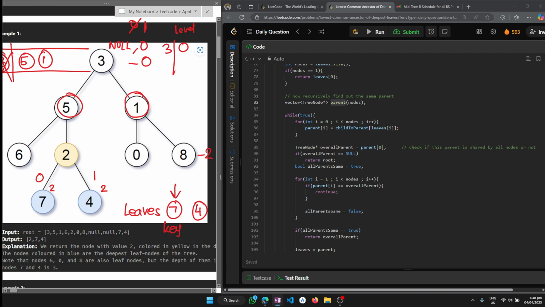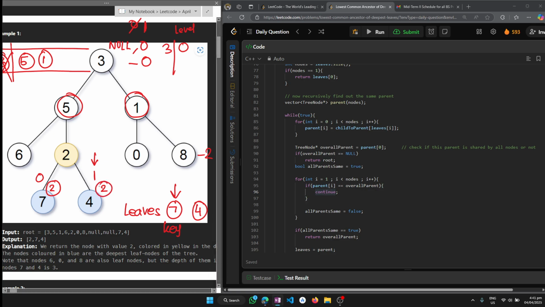Then I calculate the overall parent, and you could do this with multiple approaches as well. We will talk about the multiple approaches afterwards. Let's assume that the overall parent is 2. If I take a boolean variable over here which I assume to be true, then I start comparing from index number 1, and I say that if parent of I equals overall parent, all good, nothing to do, continue.